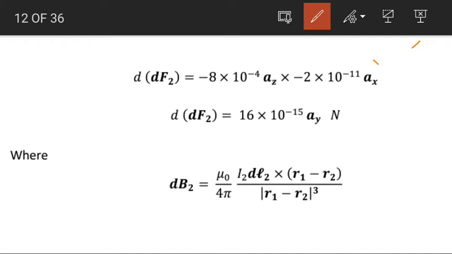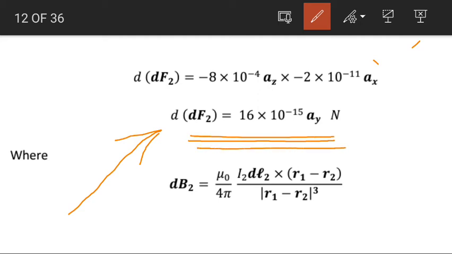So the differential force which is experienced by the second differential current element is 16 into 10 raised to power minus 15 Ay Newton. So this is the differential force which is experienced by the second differential current element due to the magnetic field of the first differential current element.